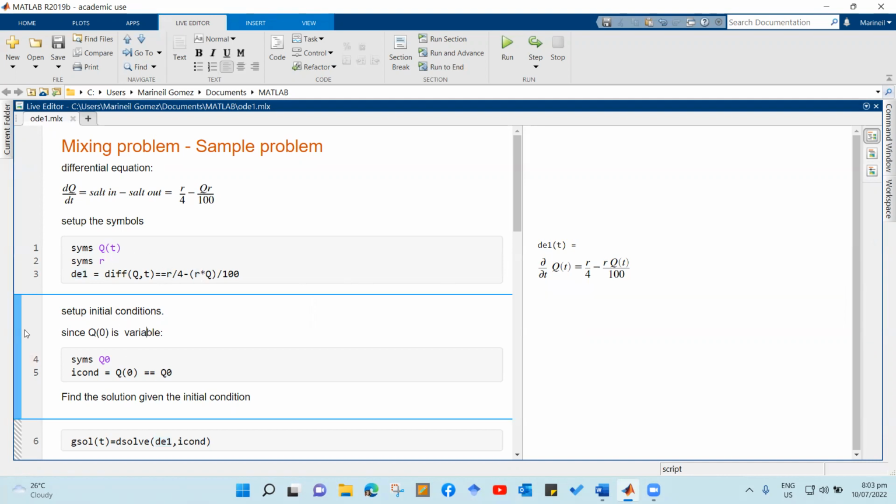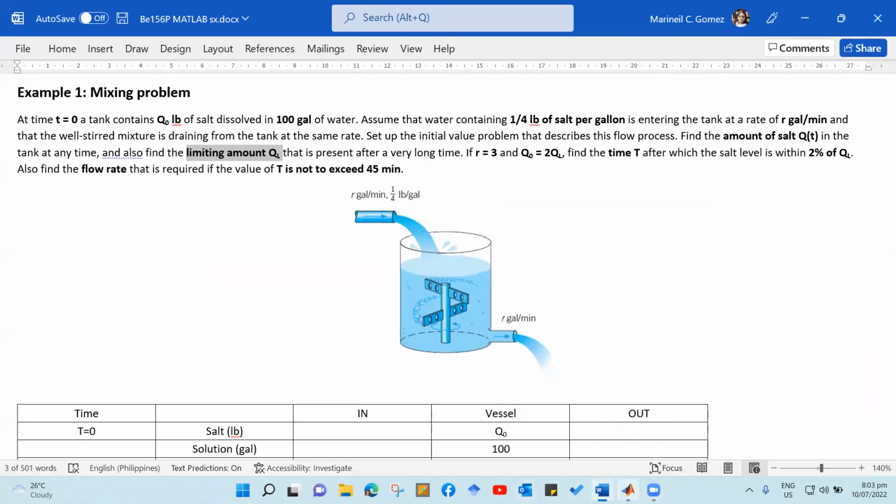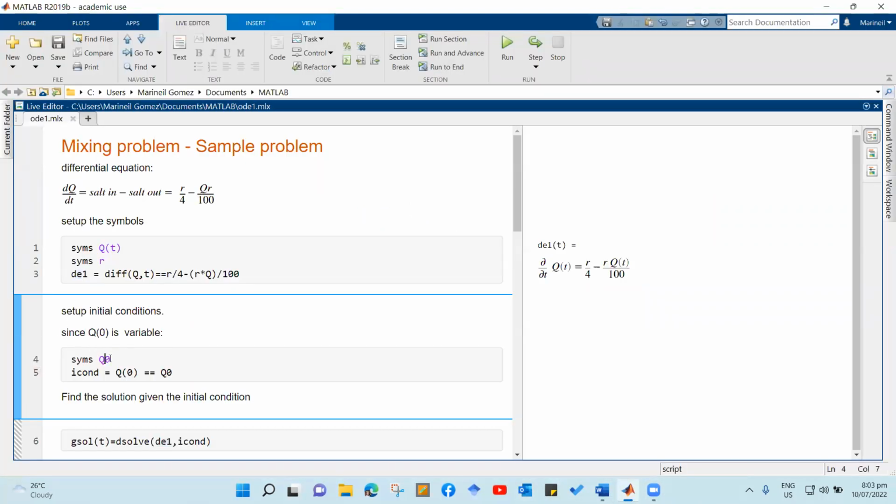Now let's set up our initial condition. In our problem, q0 is a variable. We don't have an exact value for q0, so we just say it's a symbolic variable q0, and also define the initial condition q sub 0 must be equal to q0. This means that the value of q when t is equal to 0 is equal to q0. Notice the double equal sign and the single equal sign here.